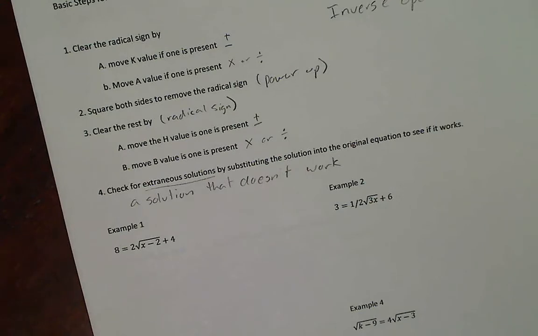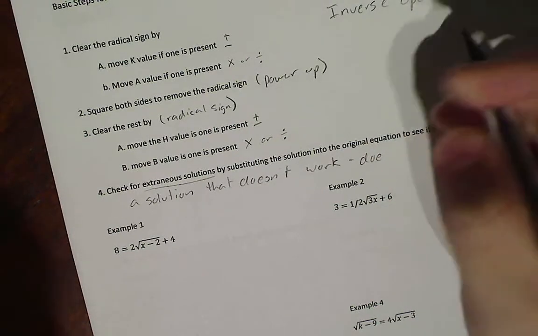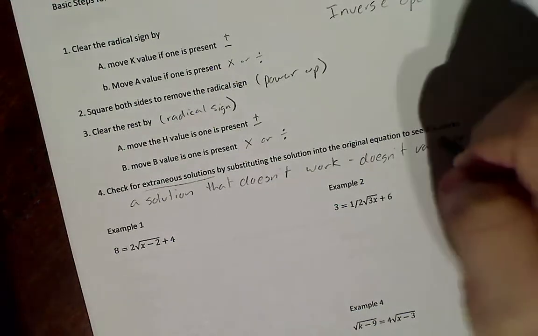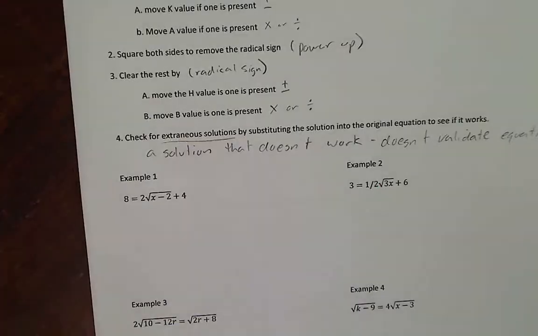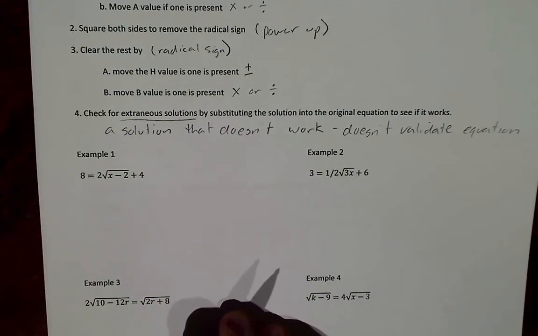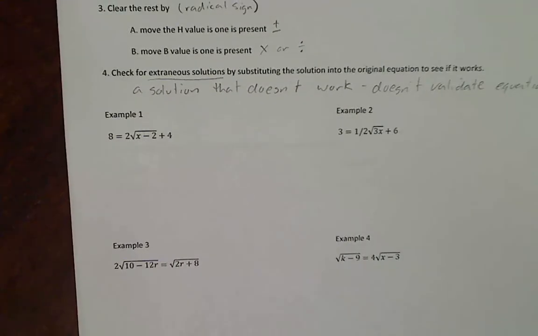It doesn't make a true equation. Basically it's just not going to work, and you'll see that in a second. Input doesn't validate equation, so you maybe get a different idea as to why it doesn't work. But anyway, that's the basic steps for it, and I'm going to go through some examples in different scenarios, and we'll go from that point on.